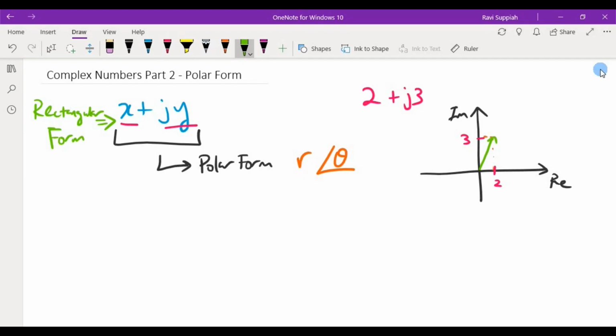Now when I wish to represent the same complex number in the polar form, we need to find r and theta. R is this length here, the length of this vector that I've drawn. As you can see, this is a right angle triangle, which means this r is the hypotenuse.